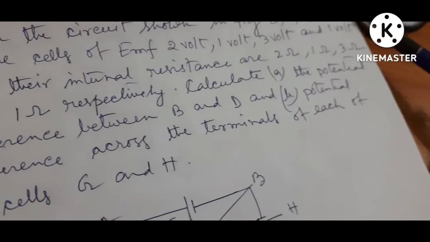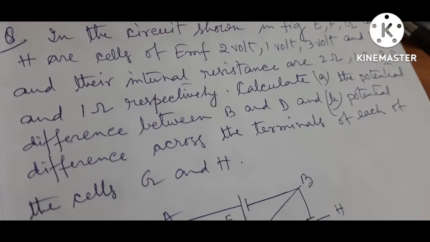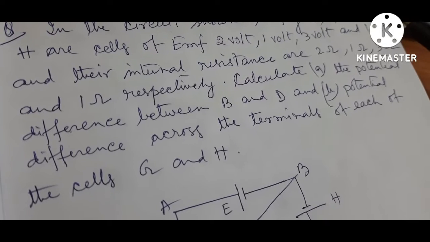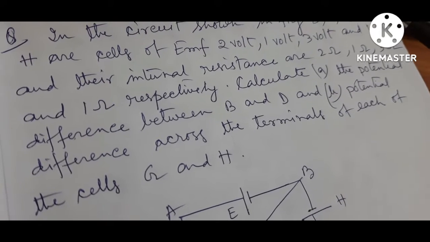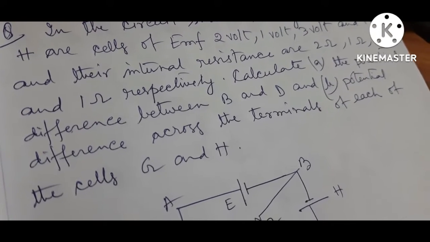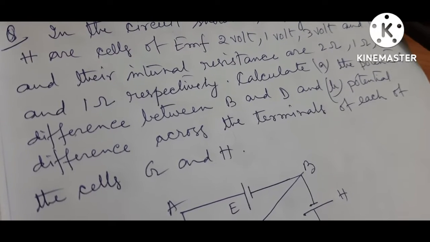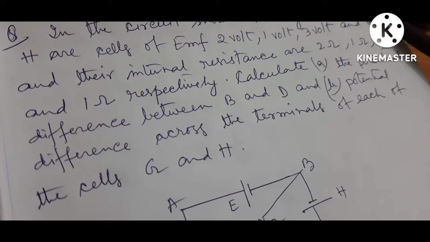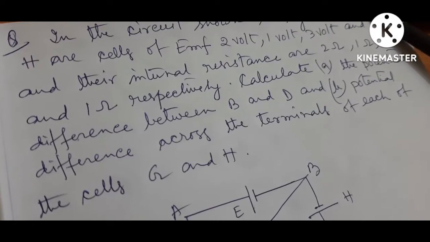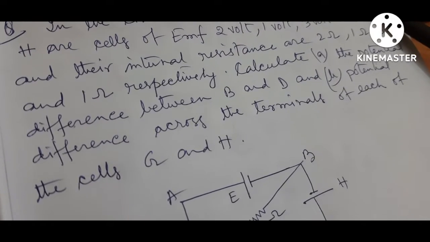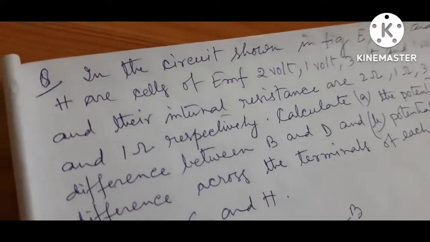Calculate the potential difference between points B and D, and the second part is the potential difference across the terminals of each of the cells G and H, that is, the terminal potential of the cells G and H.